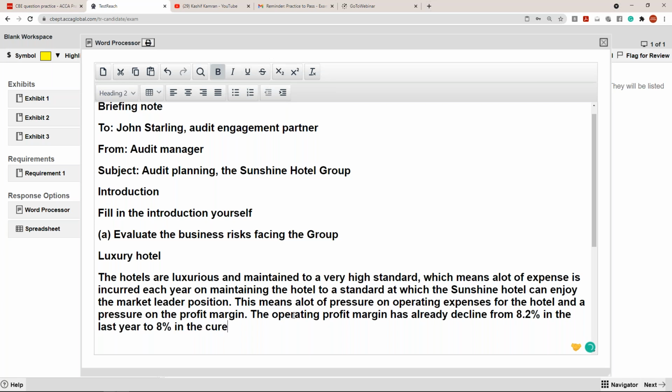Am I right? So does that show the pressure? Because 8.2% is not a very attractive profit margin. I hope you all agree with me, right? It's still a low profit margin. And that low profit margin has gone down further.